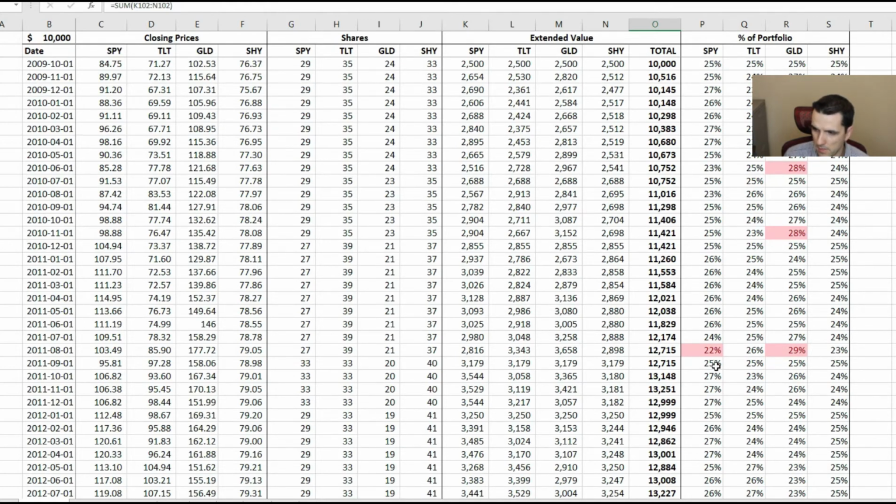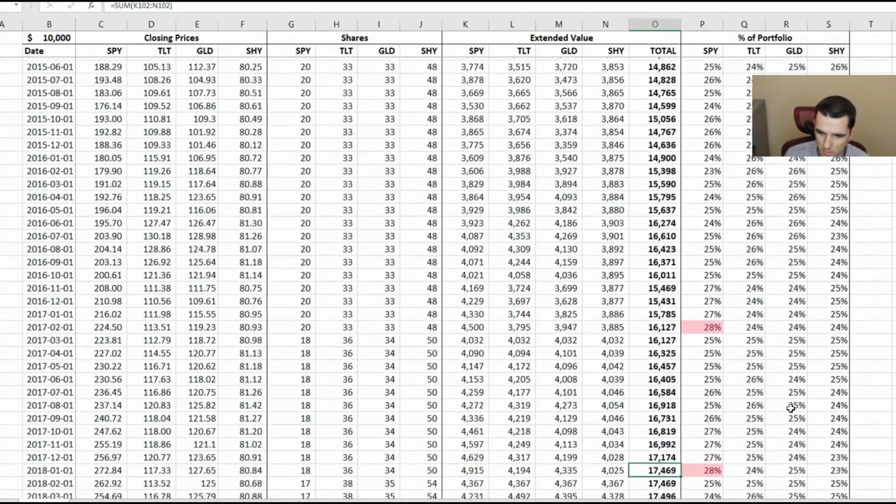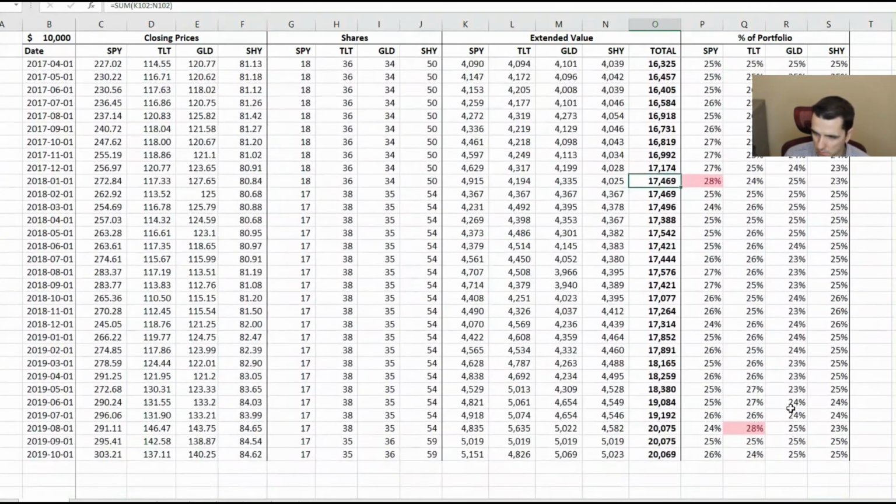And I'm just showing a rebalancing in the month following each instance. So on average, over 10 years, going all the way up to 2019 October, there was 11 instances of rebalancing in that period. So overall, I think you'll agree it is a pretty simple portfolio structure and process to follow if you are interested in following this process.